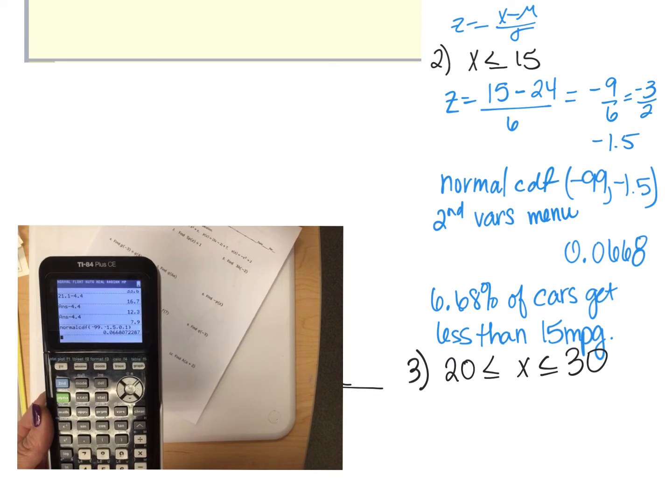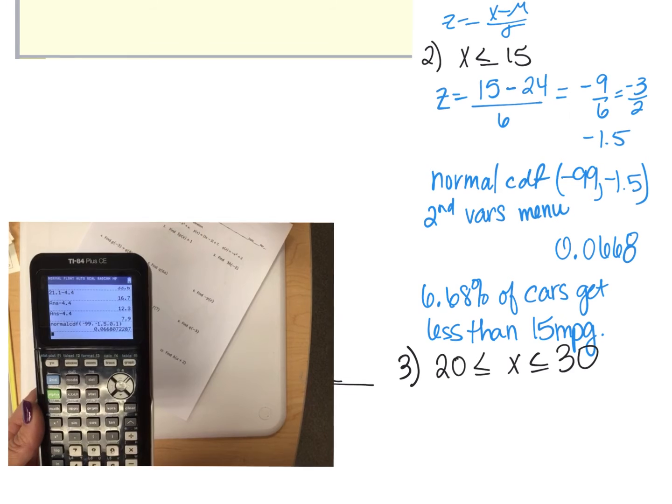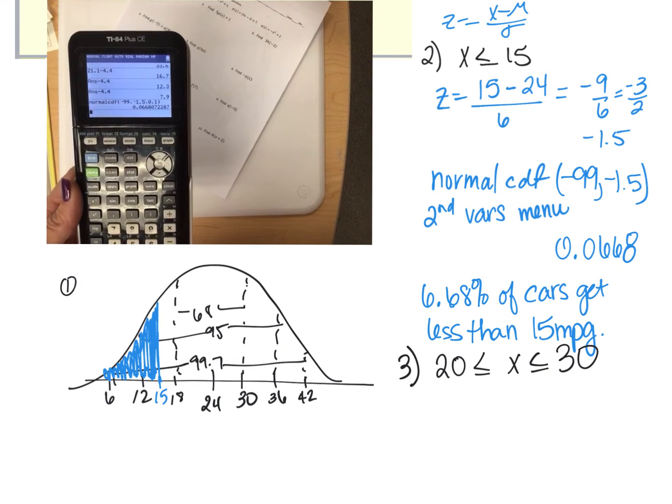What percent of cars get between 20 and 30 miles per gallon? Okay, so that's the question. What percent of cars get between 20 and 30? That's going to be about here to here. I want this area between 20 and 30.